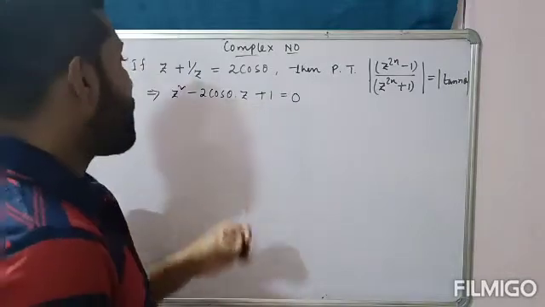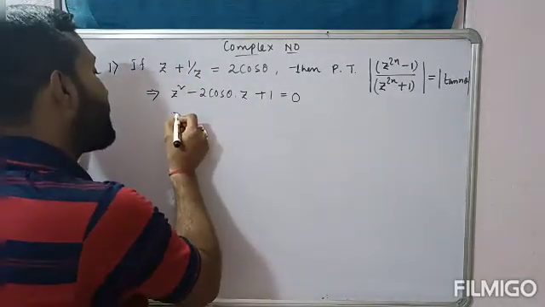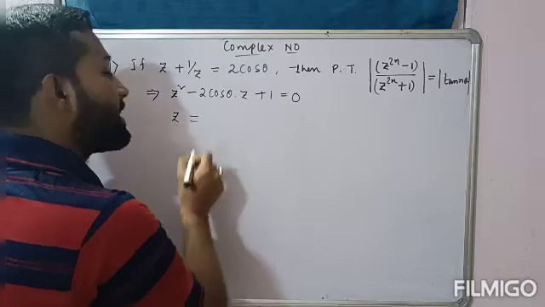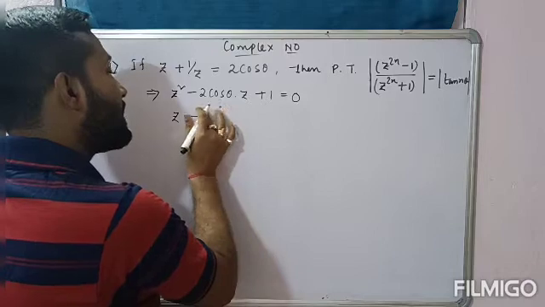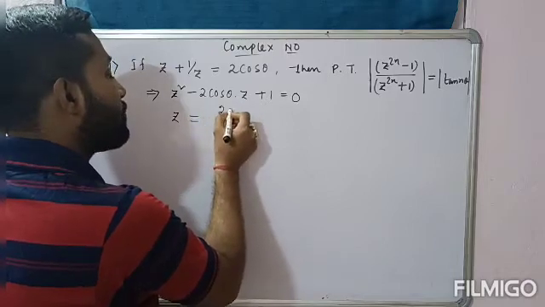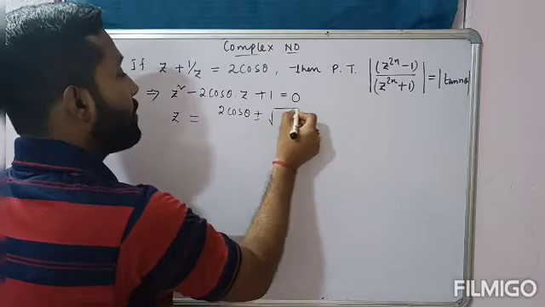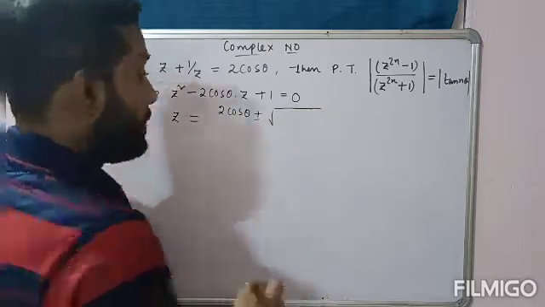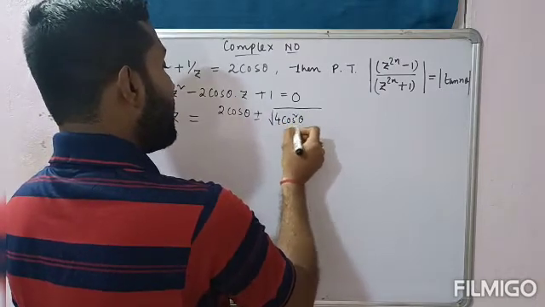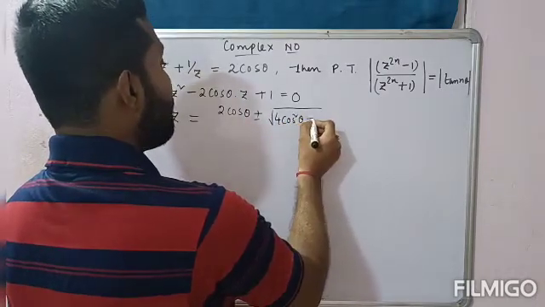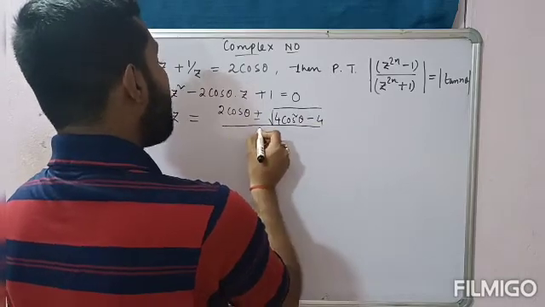Yes, it is a quadratic equation, and we know how to find the roots of a quadratic equation. So z is equal to minus b, that is 2 cos theta, because the minus sign is already there, plus minus root over b square, that is 4 cos square theta, minus 4ac, that is minus 4 only, divided by twice a.